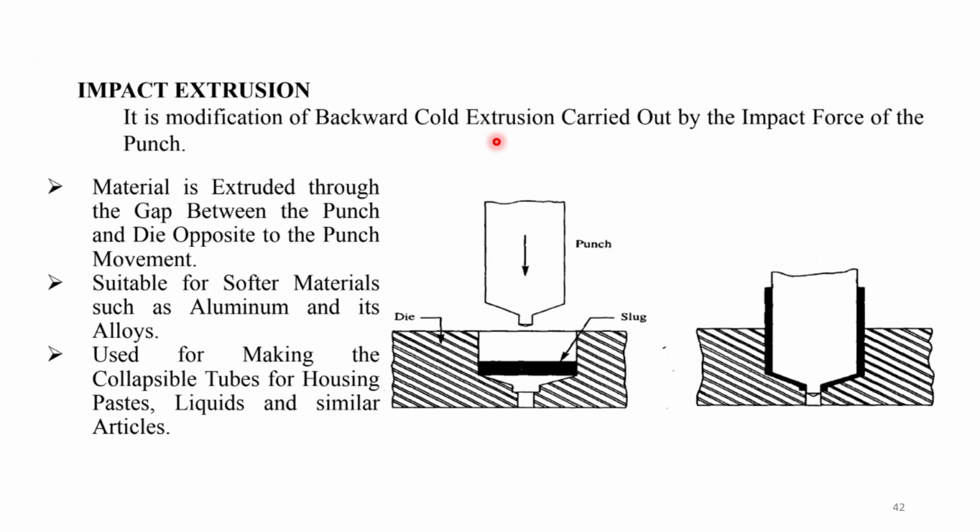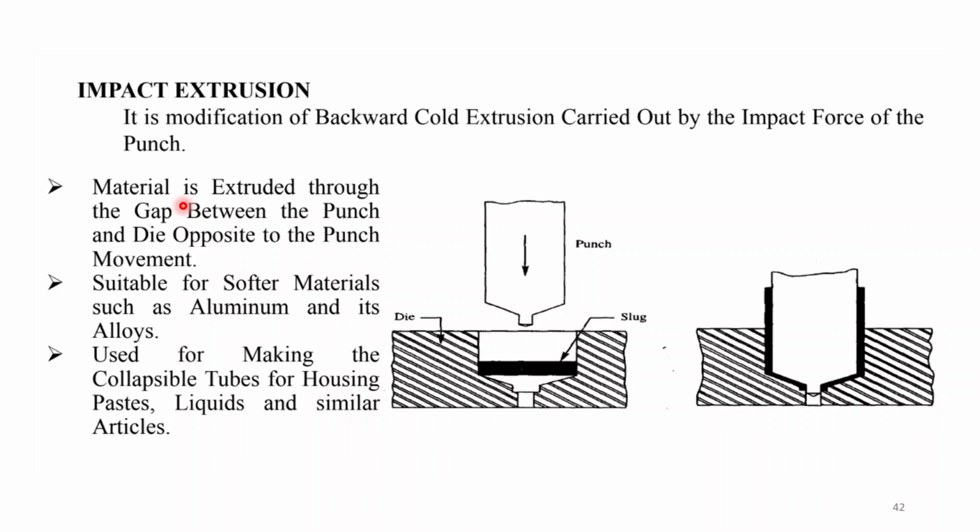Impact extrusion is a modification of backward cold extrusion, carried out by the impact force of the punch. Here you have a punch, with the help of which you provide a particular force, and this slug, this particular material, takes the shape of the die.